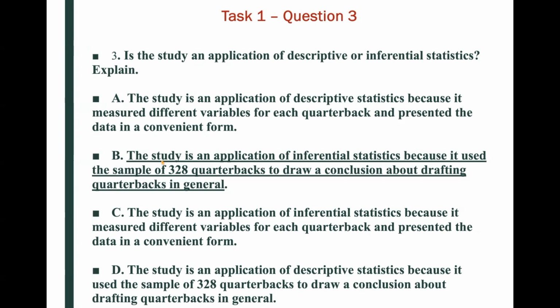So the correct answer is B, where the study is an application of inferential statistics because it used the sample of 328 quarterbacks to draw a conclusion about drafting quarterbacks in general.